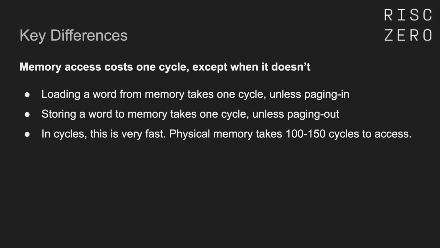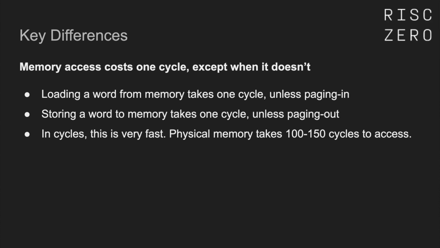Another key difference is that memory access costs 1 cycle, except when it doesn't, which I'll get into in a second. The way physical CPUs interact with physical memory is very different. Physical memory takes 100 to 150 cycles or so, just as a rough estimate, to access. It's also asynchronous. When the CPU tries to load a value from memory, the CPU will keep doing other work in the background.